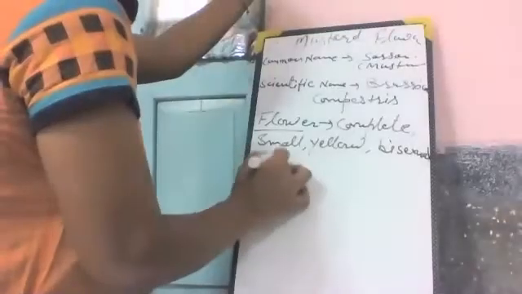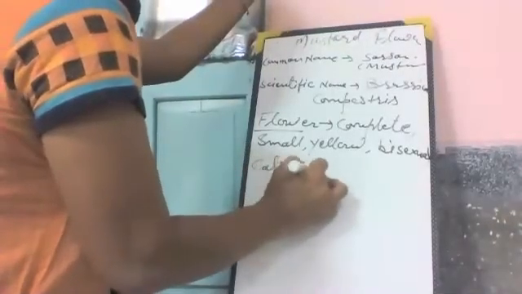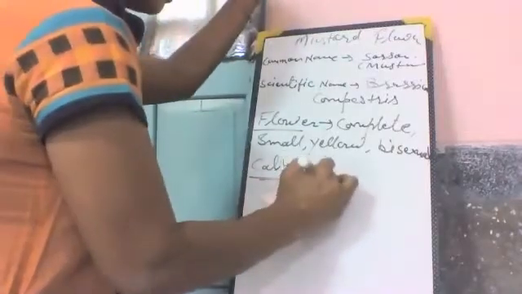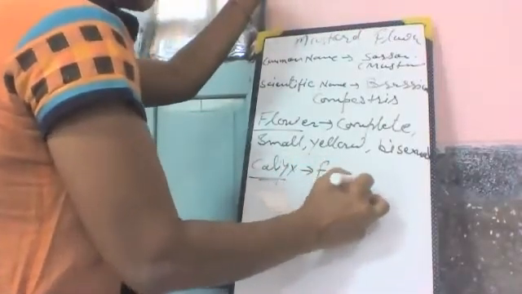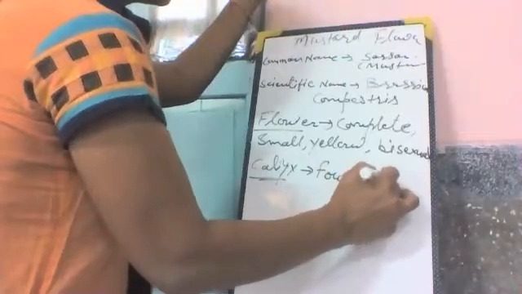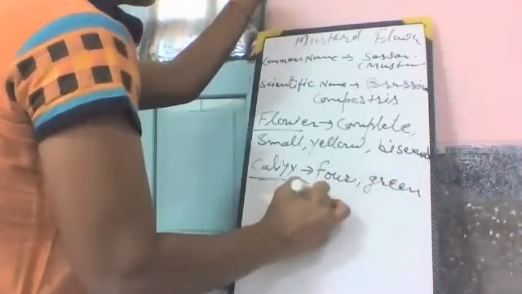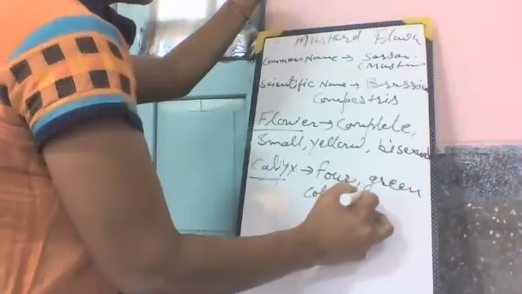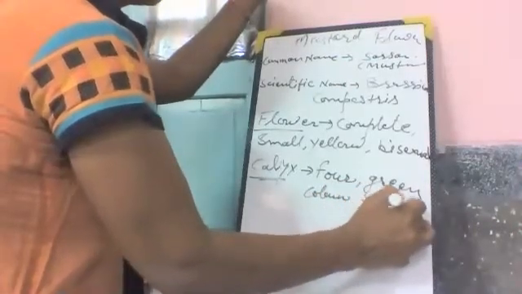Calyx. How many sepals do they have? They have 4 sepals, green in color, and the sepals are free.